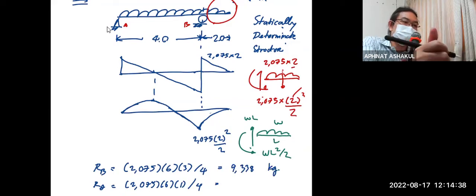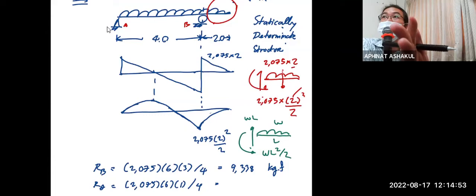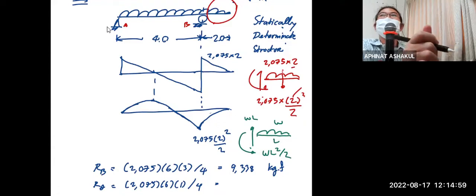You know, one more thing. In this country, we kind of like the kilogram force unit. In fact, I can call it kilogram force, because kilogram itself is mass. It's not a force. But somehow we use it as a force. So we call it kilogram force.